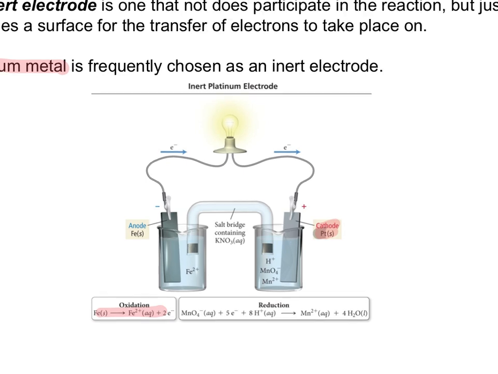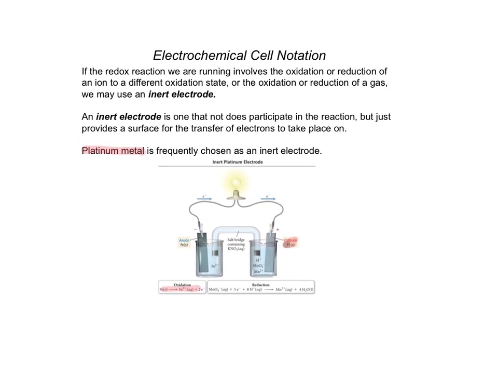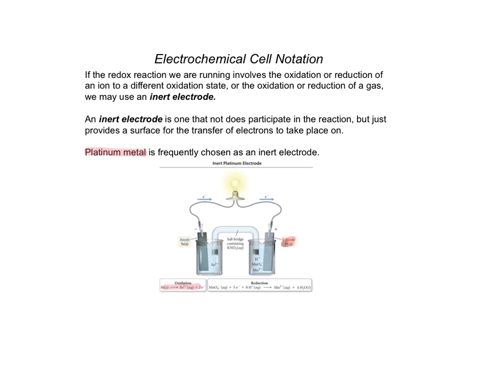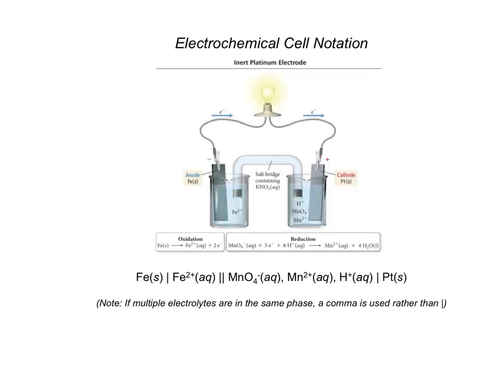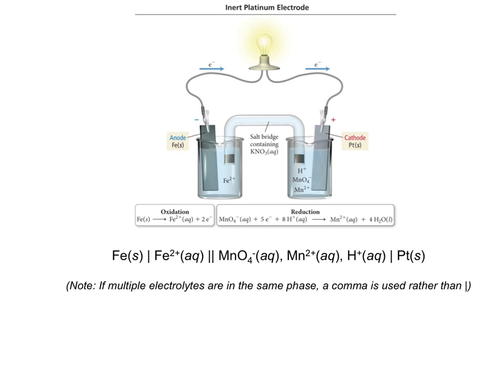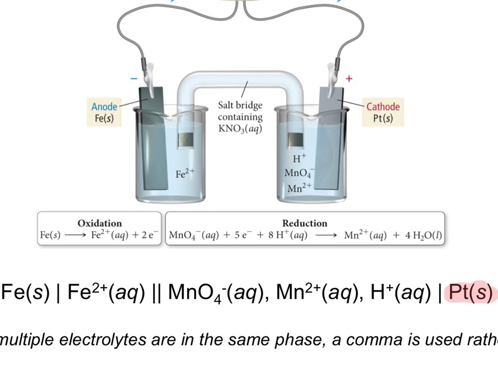So now, one little extra thing to note, if you do use an inert electrode like platinum in a reaction like this, then the only other thing you have to change with respect to our little shorthand notation is the fact that, number one, platinum is the cathode electrode, the actual electrode that's participating in the reduction reaction, but now, for this reduction reaction, we had a bunch of stuff in solution, such as our MnO4, our Mn2+, our H+, all of those are in the same phase, right?